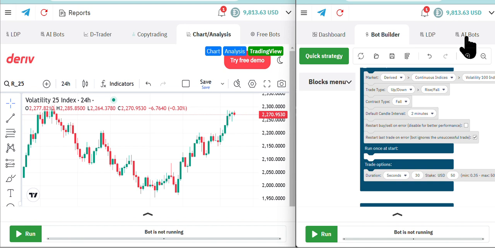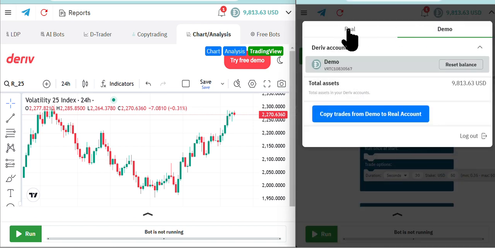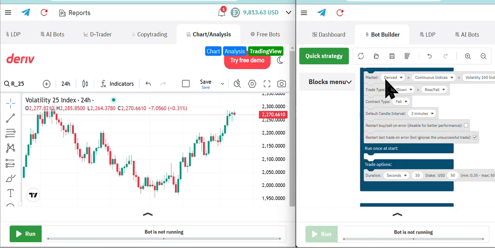But for the rise and fall, I always prefer to trade manually. But for this case, let's just do it using a bot. Using a bot, trading rise and fall is always a very risky market because mostly I prefer to analyze the 5 minute or 2 minutes time frame.